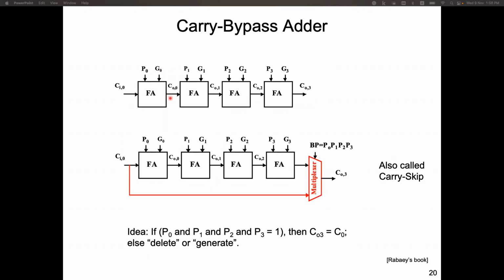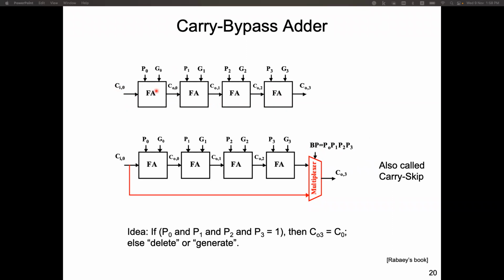Okay, the idea here is that the worst case is the situation where the input carry needs to propagate through all the 4 stages here to the output to the next stage. That case occurs when P0, P1, P2, P3, the propagate signals of all the adder cells, are high.